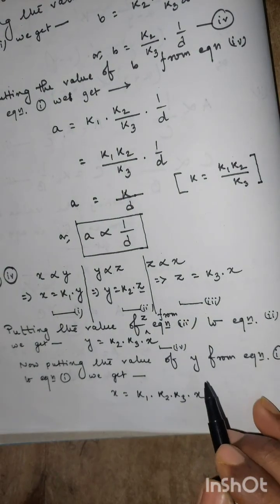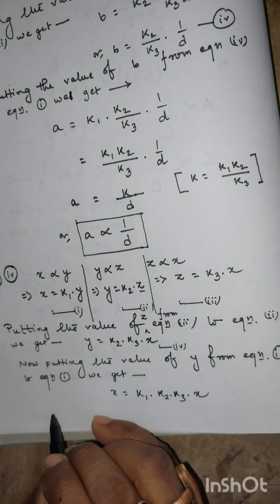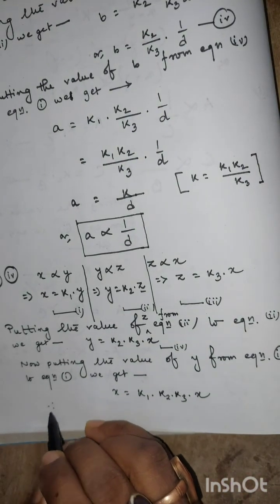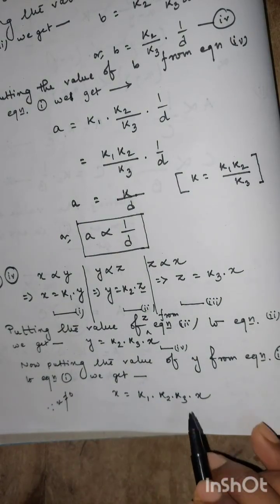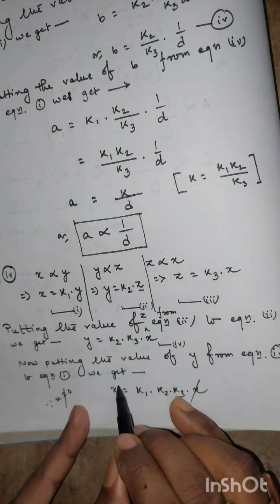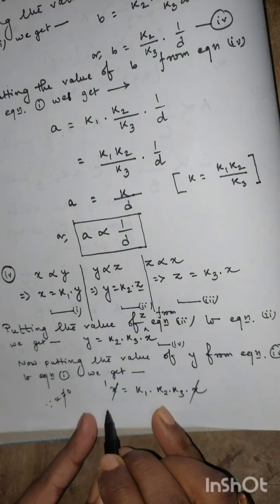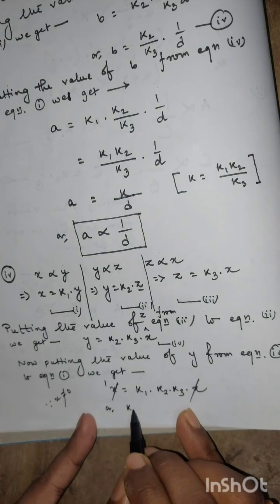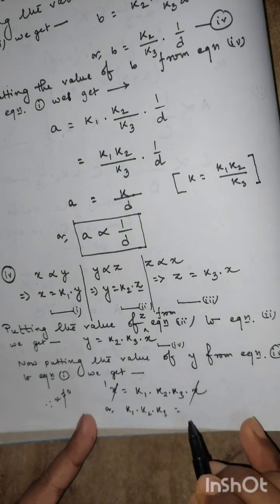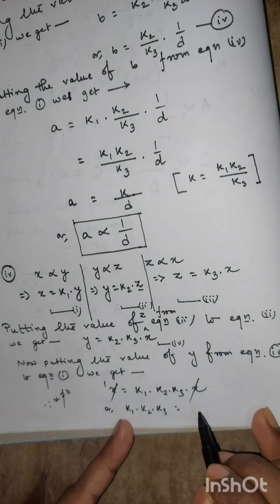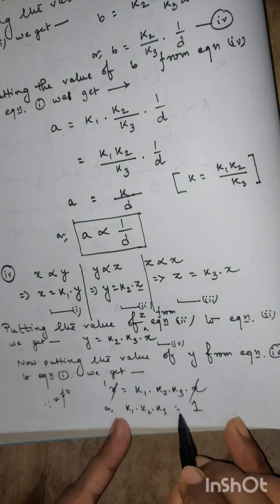Now if we cancel x from both sides, as x is not equal to 0, we can cancel it. So it becomes 1, or we can say k1 into k2 into k3, the product of these three variation constants is 1. This is our required relation.